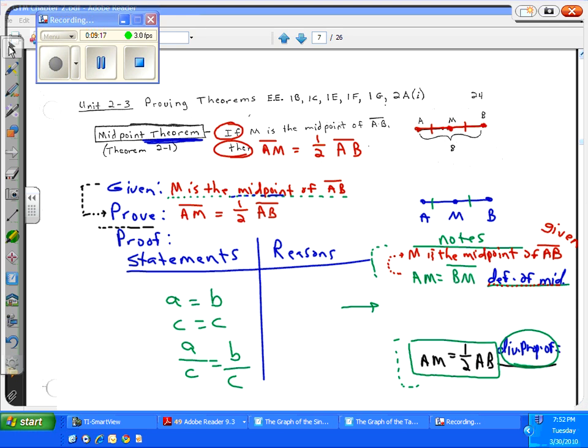Well, if you want to know where division came from, you go backwards and multiply. Example, let's say that we had x is equal to 2y.